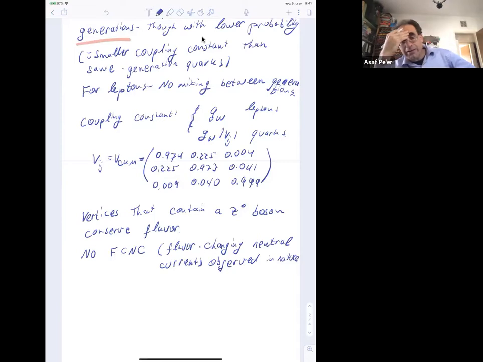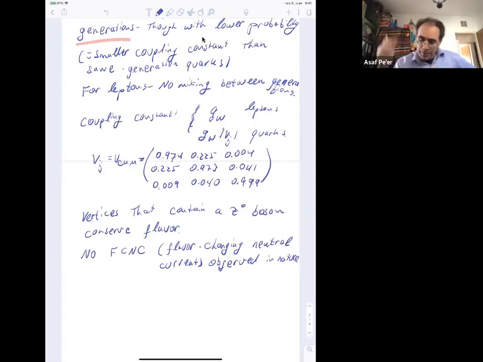The vertices that involve the Z boson are similar to those of a photon. There's one exception, as we said, that neutrinos only interact via the weak interaction. So there are vertices of the Z boson that involve neutrinos. But neutrinos can only couple to the Z or to the W bosons.